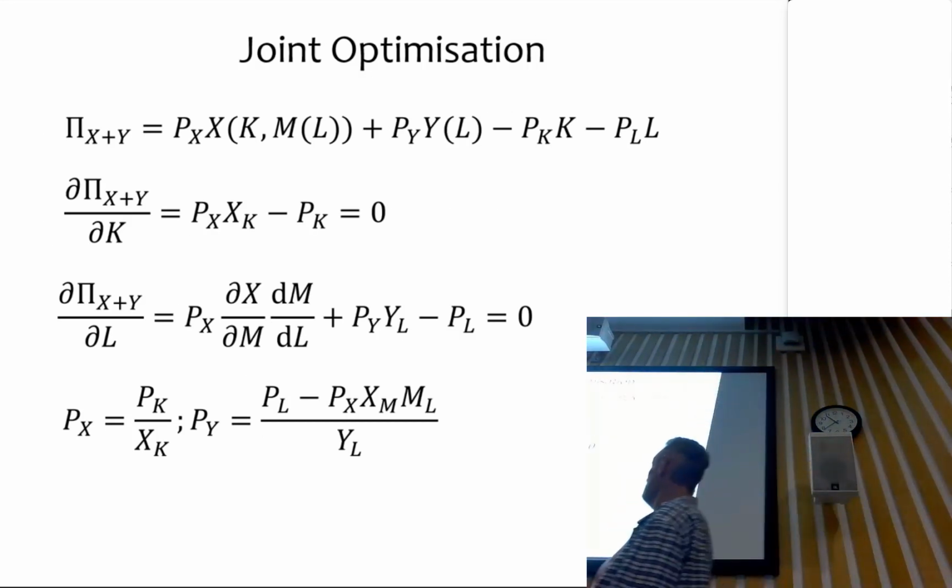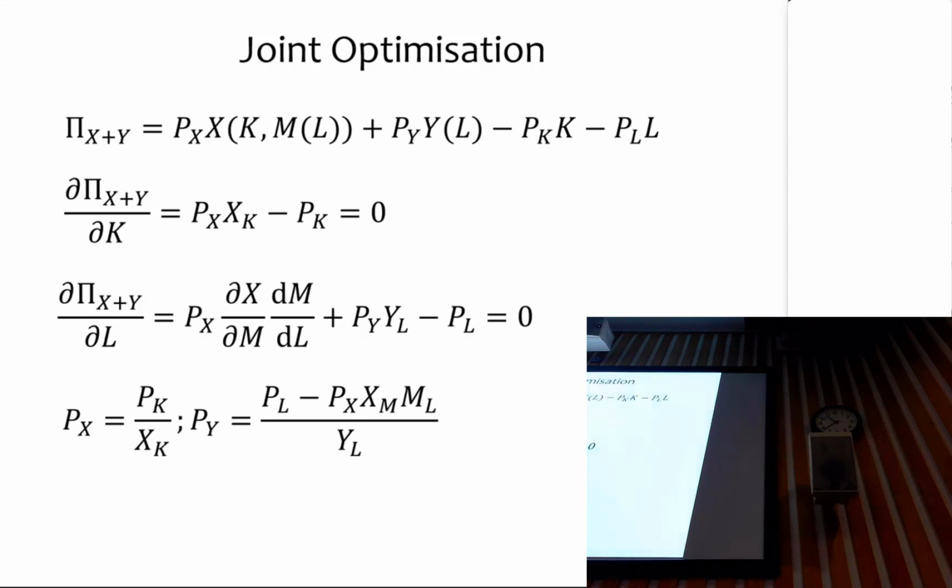But now we also need to include what does my use of labor do to the production of good X. And that goes through that transformation function L. That's why I use the chain rule. And I need to multiply that with the price P_X because I'm not interested in the physical production. I'm interested in the value added, right? Or in the revenue.